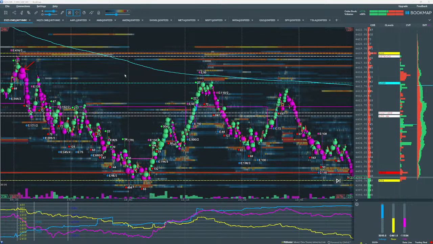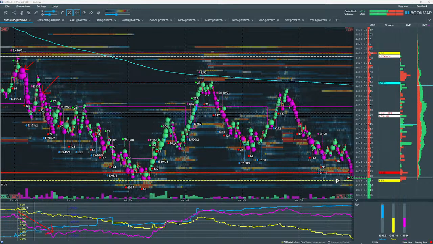Those volume dots are shown as buy minus sell market orders. A magenta dot indicates there are more sellers than buyers. And aggressive sellers were moving price down, as well as traders buying puts. That's shown by the falling cumulative volume delta line.